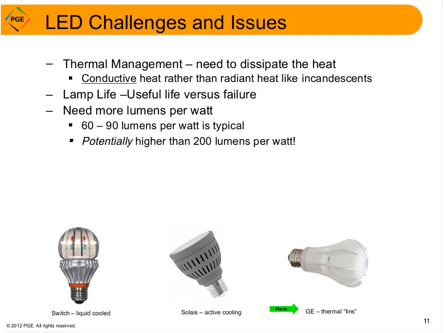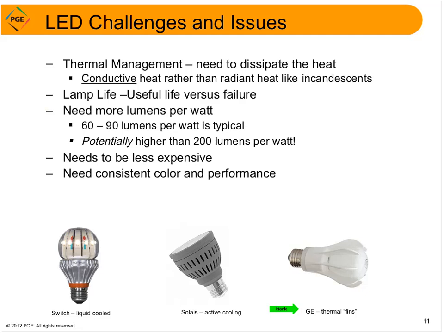So we're getting some good lumens per watt, but we still need more to make it more of a mainstream light source. 60 to 90 lumens per watt is very typical right now. Potentially, that lumens per watt is higher than 200. While costs are coming down, a lot of LED fixtures are still expensive, and that's one of the main barriers to LED adoption.